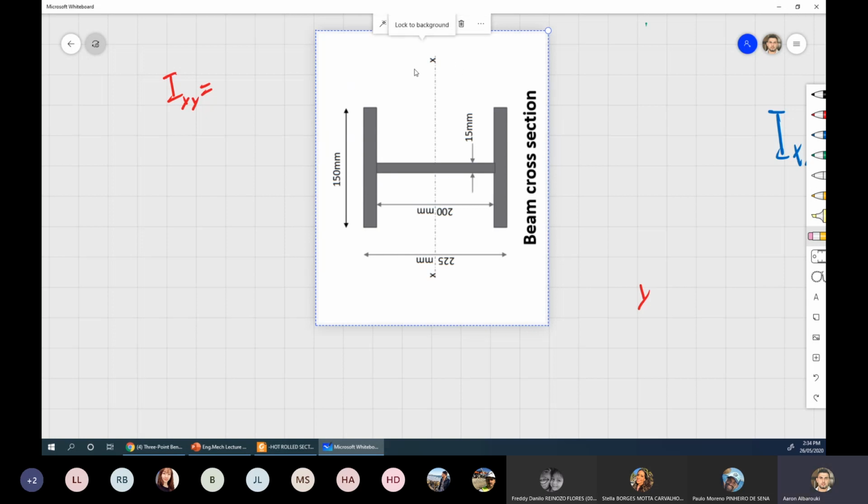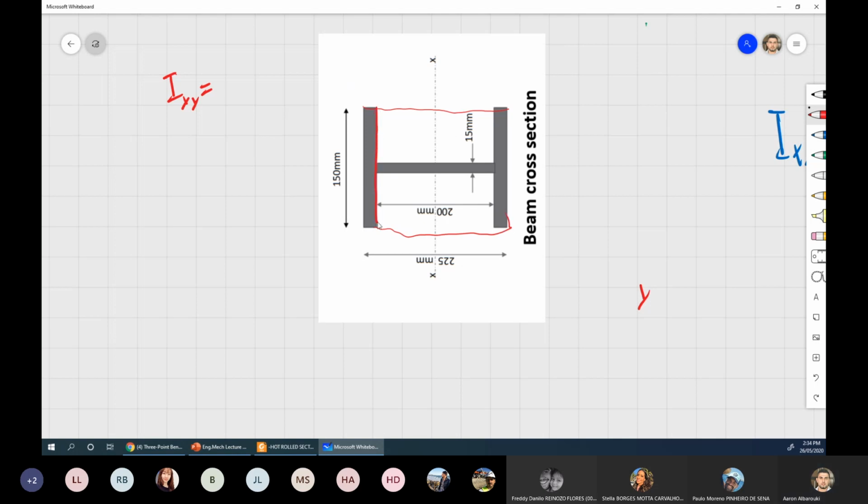So I can take the overall rectangle minus, now I can't take these two, by the way. Can I take minus this, minus that?